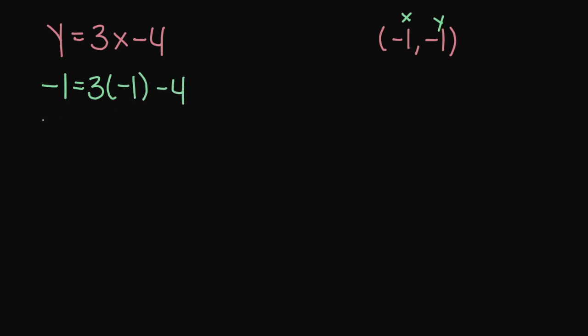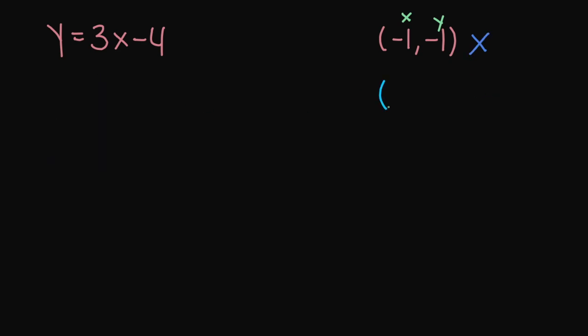My left side here is going to be -1. 3 times -1 is going to be -3, and then minus 4. On my left side here, you have -1, and on my right side, -3 minus 4. This is going to give you -7. And as you can see here, -1 does not equal -7. This is not a solution. So (-1, -1) is not a solution to this equation.